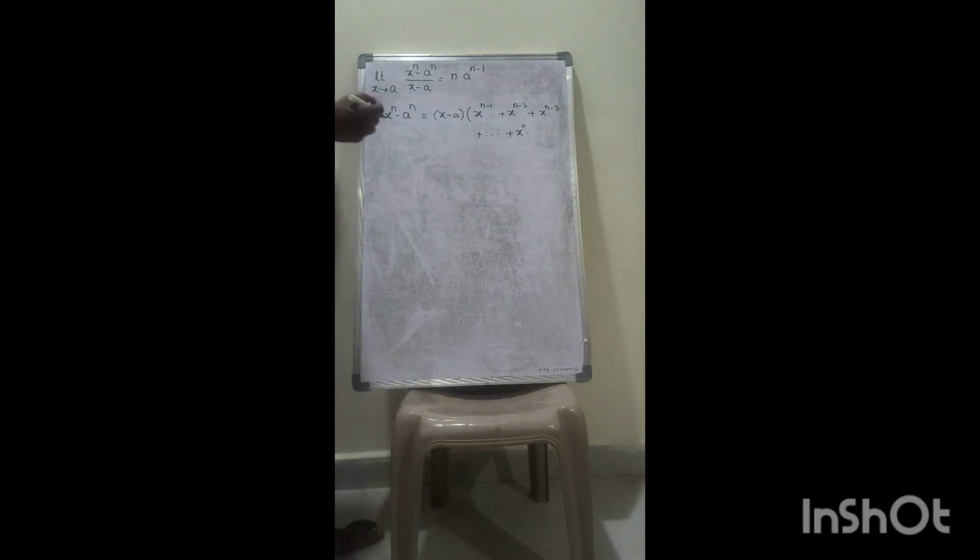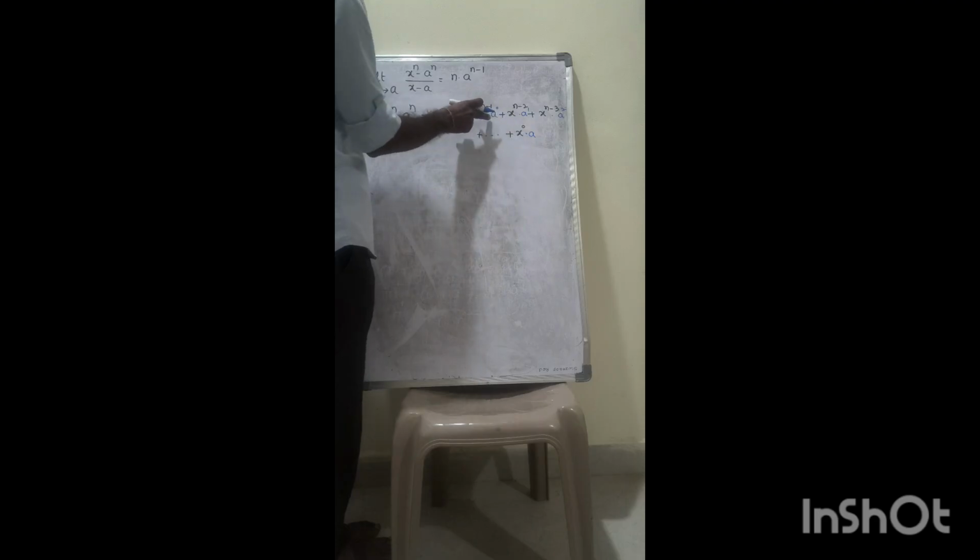Next, the a value will increase, so it starts with a power 0, a power 1, a power 2, and so on. It started with x power n minus 1 and ended with x power 0. So a started with a power 0 and will end with a power n minus 1. So this is the factored form of x power n minus a power n.